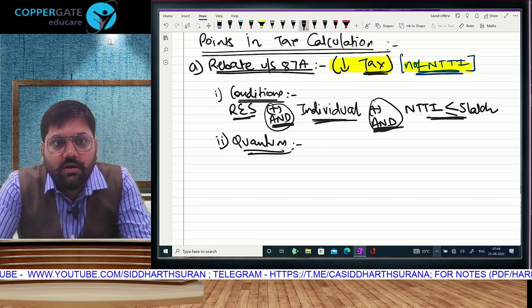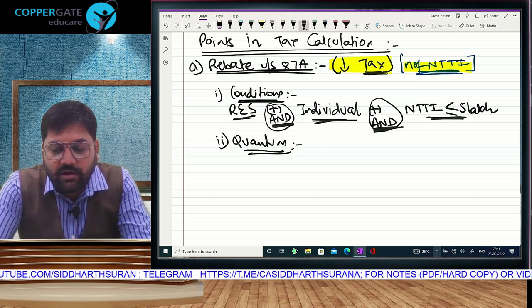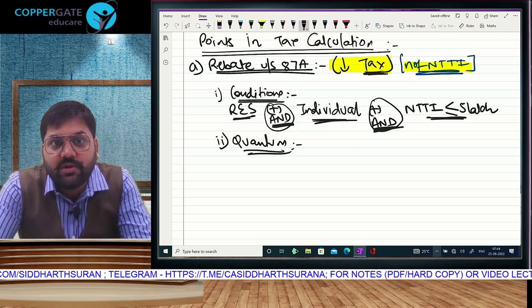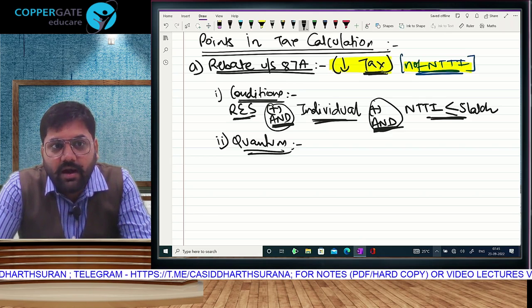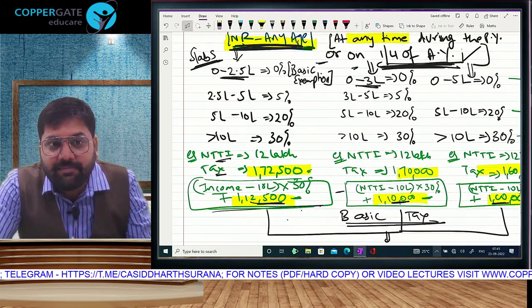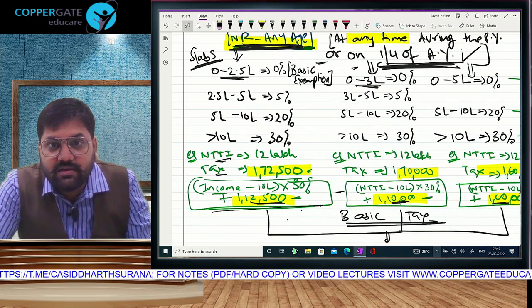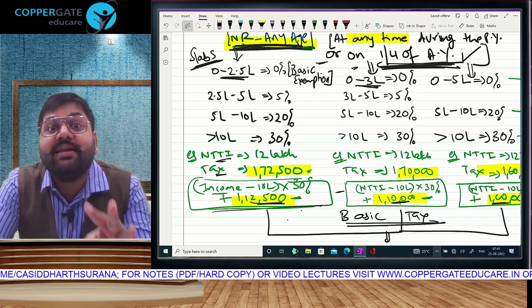Not allowed. Assessee who is other than individual, HUF company firm, to rebate? Not allowed. Income is more than 5 lakh, to rebate? Not allowed. I'll tell you something. We calculated tax for 3 people, remember? 170 to 500, 170, 160. All 3 of them are ineligible for rebate.